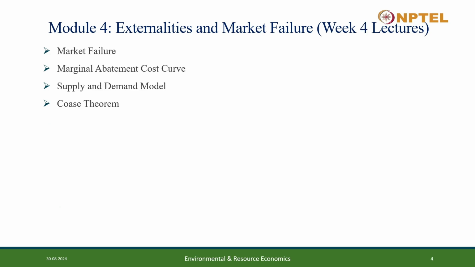Okay. So now, after that, we talked about market failures. Market failure is when the market is not able to achieve its objective, that is, maximum efficient allocation of resources. Market failure happens when there is externality, when there is an imperfect market, and when the price signal is not proper. In the case of environmental assets, there is no proper price signaling, because of which certain market failures happen.